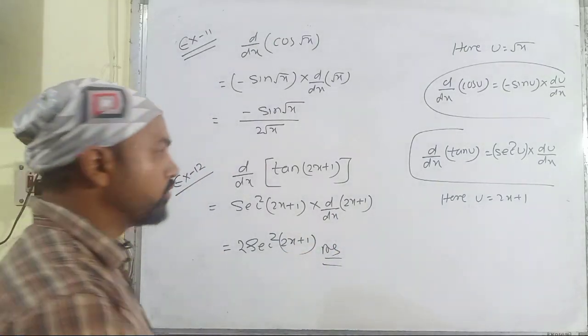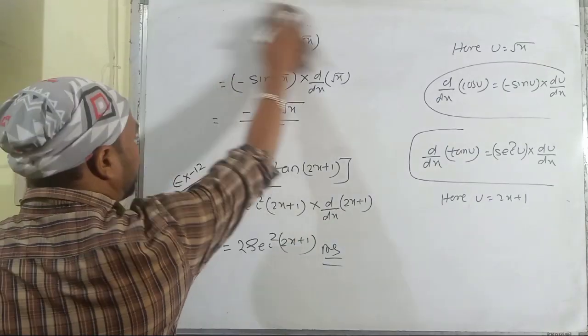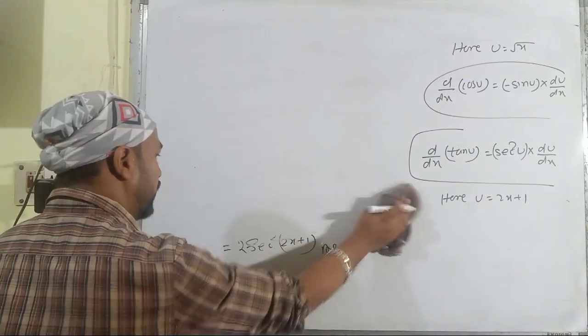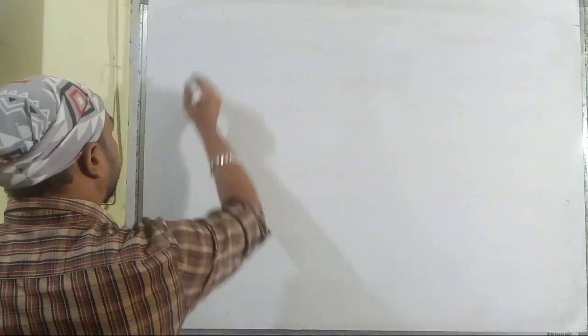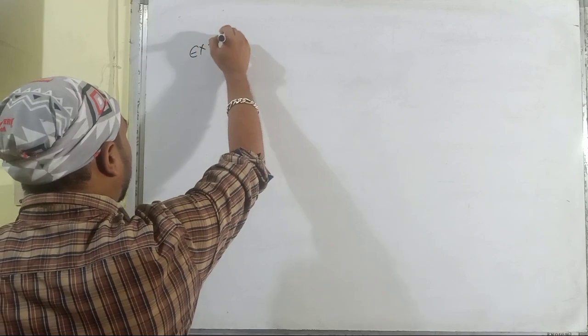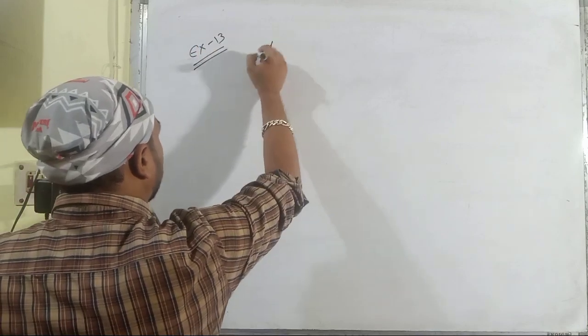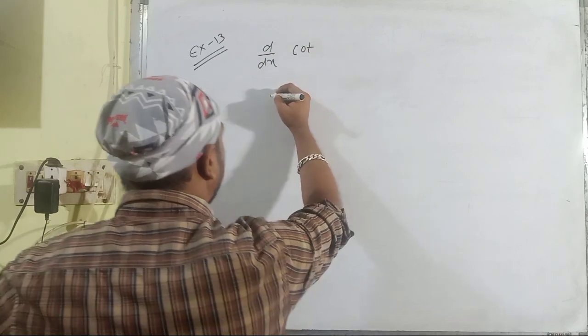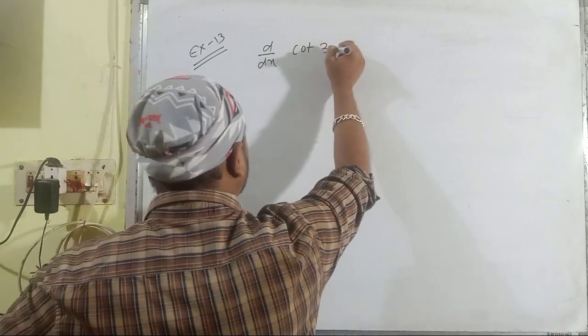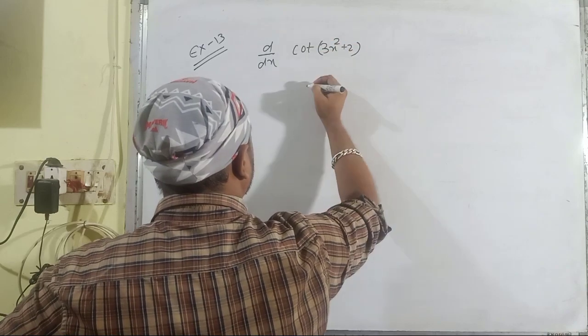Then let us go through some more problems. Example number 13, differentiation of cot 3x square plus 2.